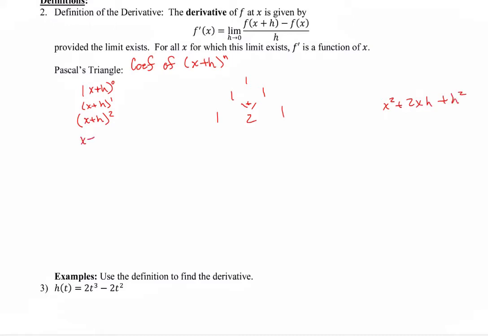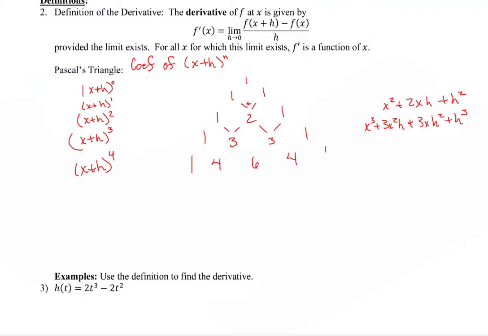If I have x plus h cubed, that's 1, 3, 3, 1. So that's x cubed plus 3x squared h plus 3xh squared plus h cubed. And then if I have x plus h to the fourth, I have 1, 4, 6, 4, 1.